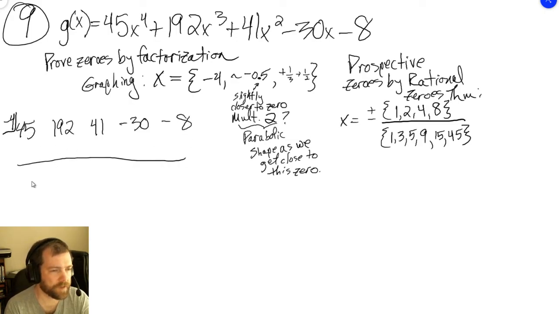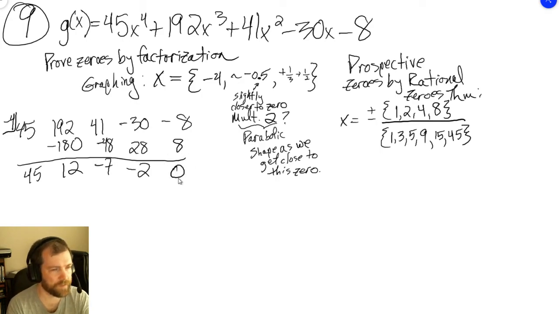So 45 comes down. We multiply by negative 4, which ends up being a negative 180. Add, this is 12. Multiply by negative 4, we get a negative 48, makes a negative 7. Multiply by negative 4 gets a 28, add gets a negative 2, multiply gets you a positive 8, add gets you a 0.